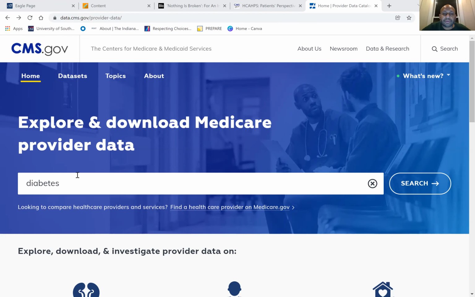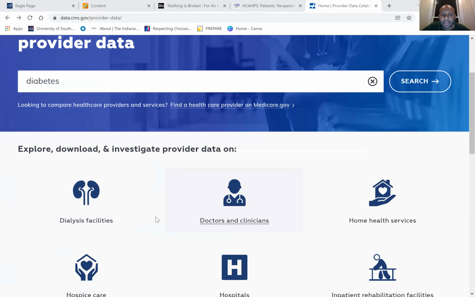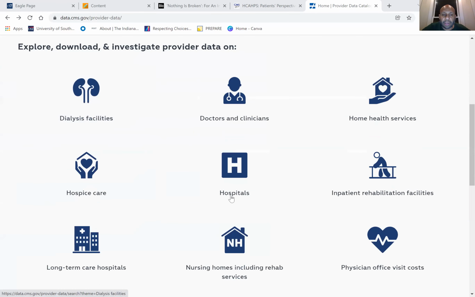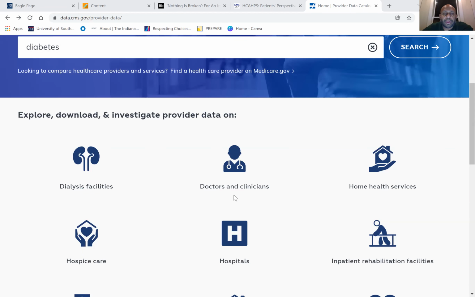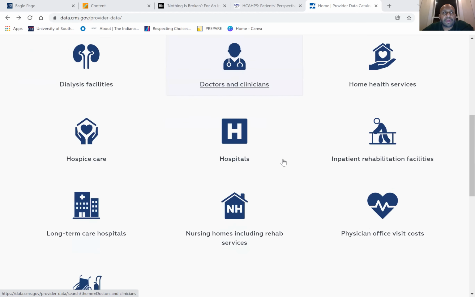Medicare providers are all these different groups, from dialysis facilities to hospitals to physicians, nurses, nursing homes, where you can explore, download, investigate the data. So you can compare, let's say, one dialysis center against another, or physician outcomes or different hospitals.